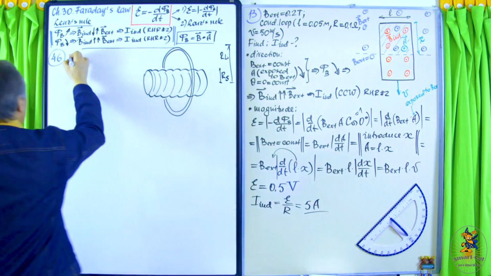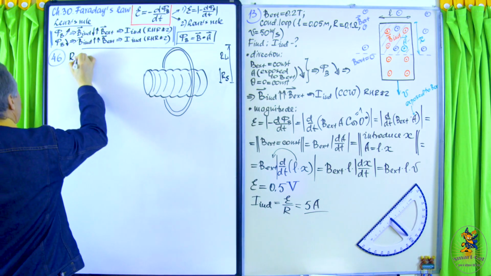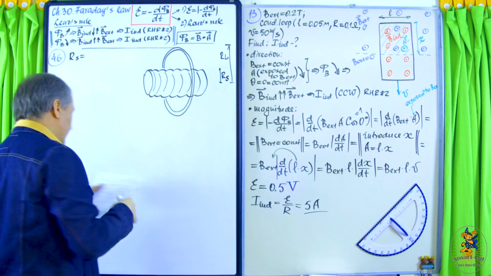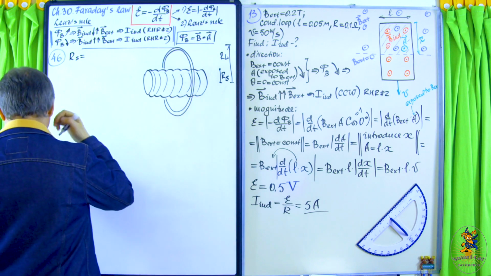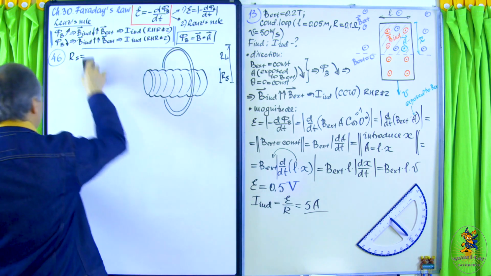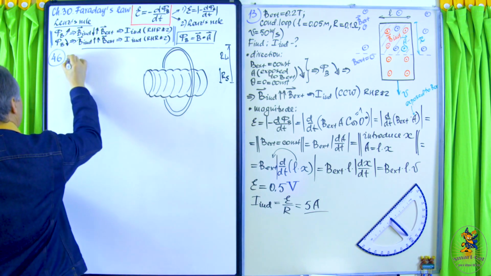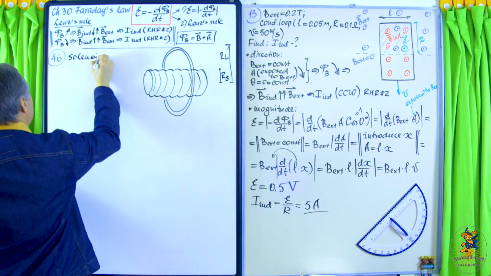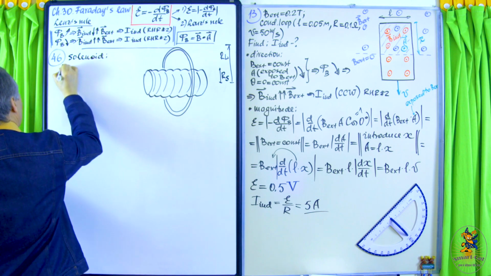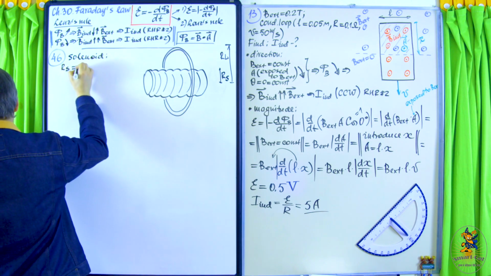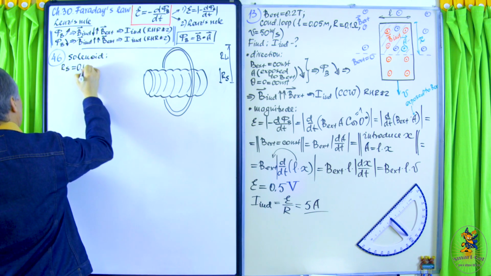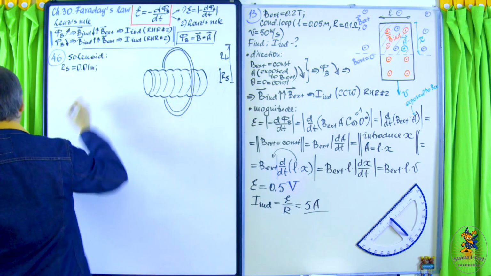So we have r sub s equals, let me grab my notes. What are the values? Let me write solenoid and then write the parameters related to the solenoid. So r sub s equals 1 centimeter, so it's 0.01 meters.